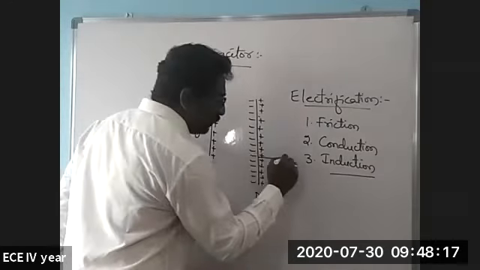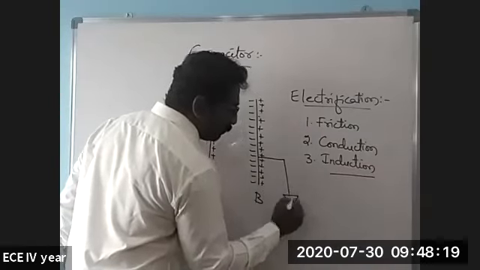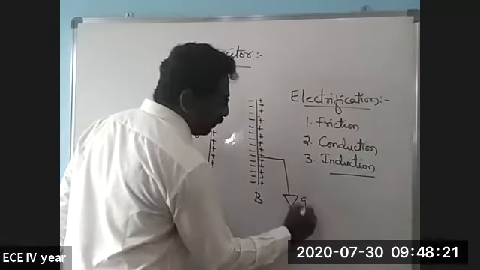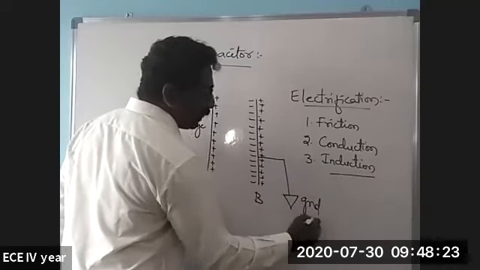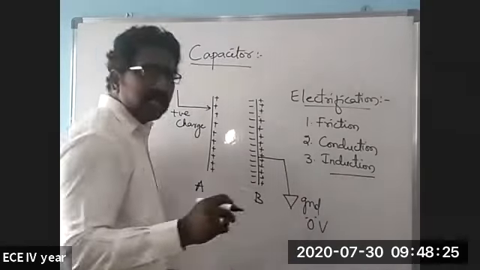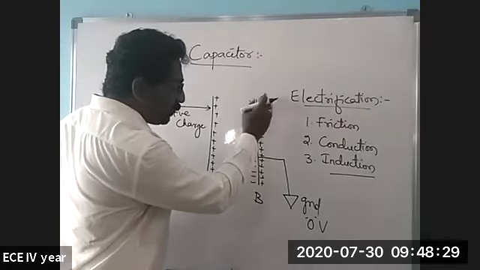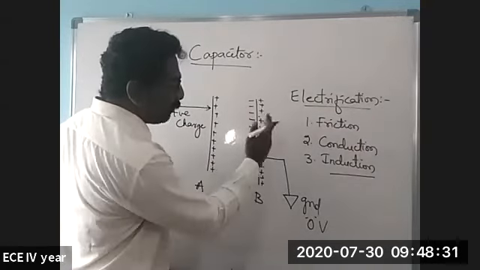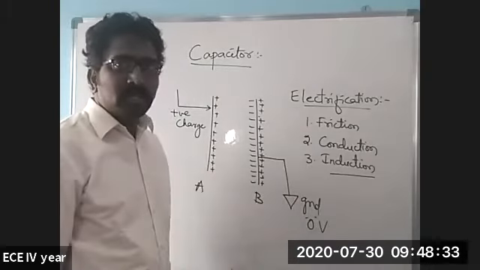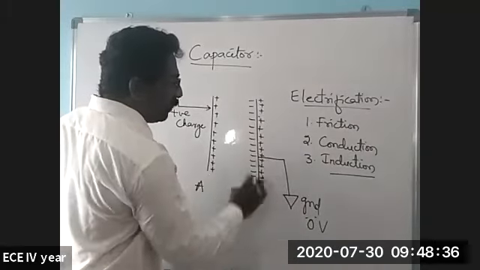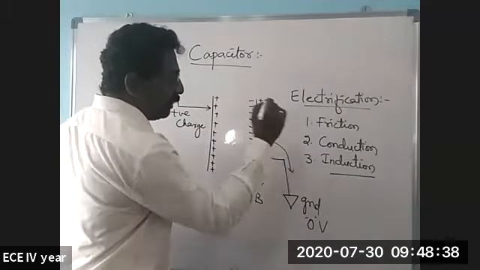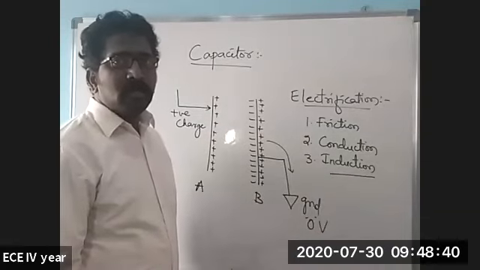And now if one end of this plate B is connected to the ground terminal, that's a zero voltage terminal, we know that since the outermost part of plate B is at the higher potential and ground is at lower potential, these positive charges will go down to the ground terminal.